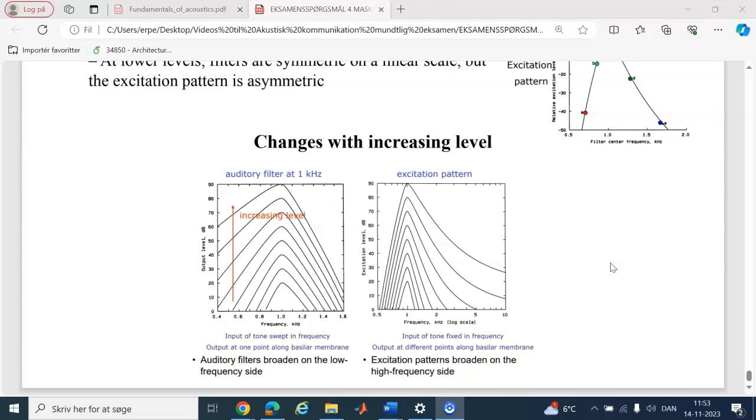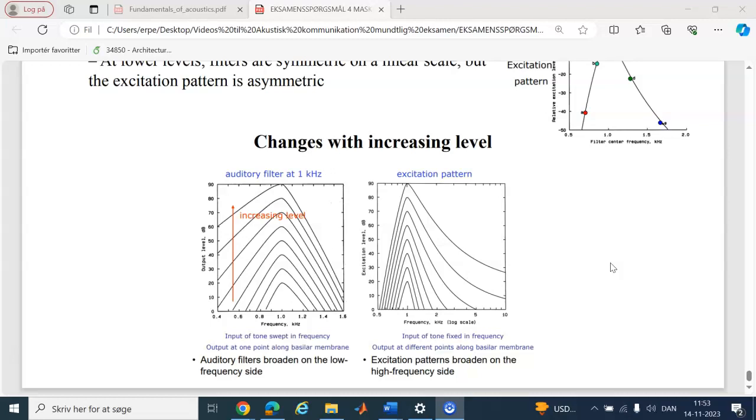And how about the excitation pattern? We still have this 1 kilohertz tone input, but now the tone is fixed in frequency, and the output is measured at different points along the basilar membrane.